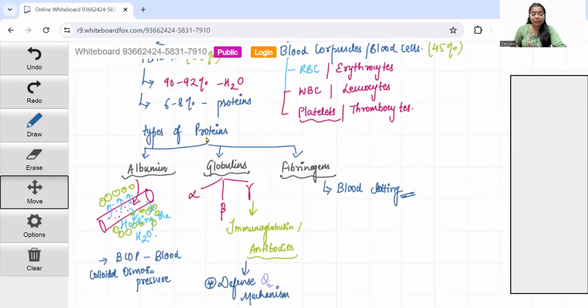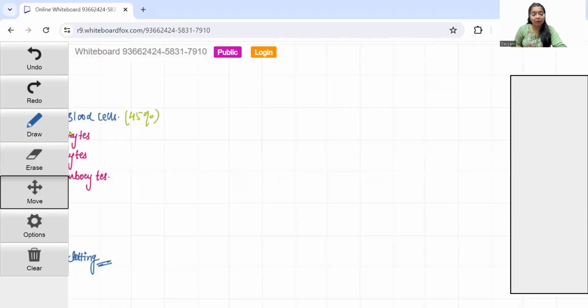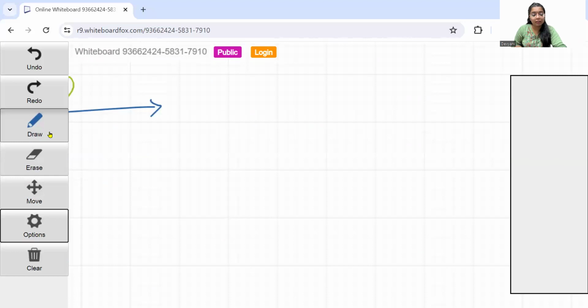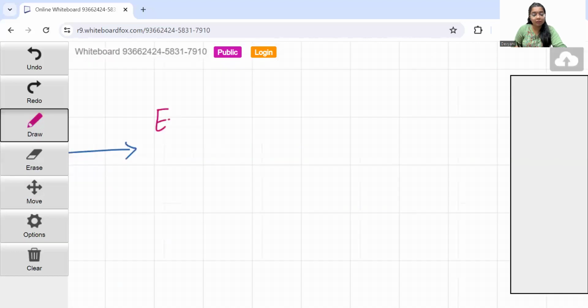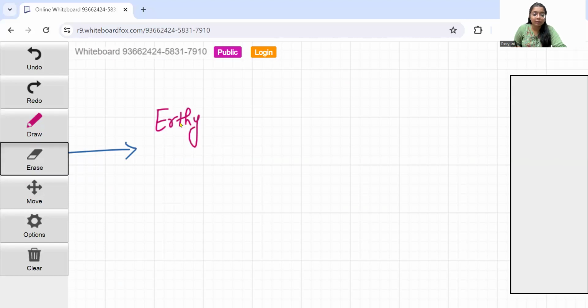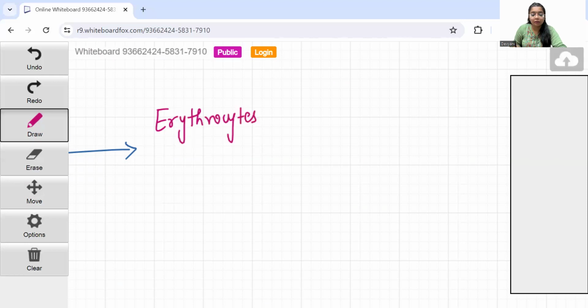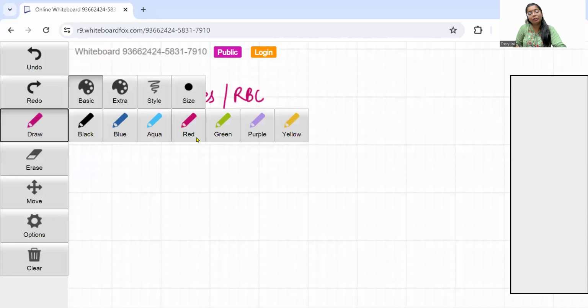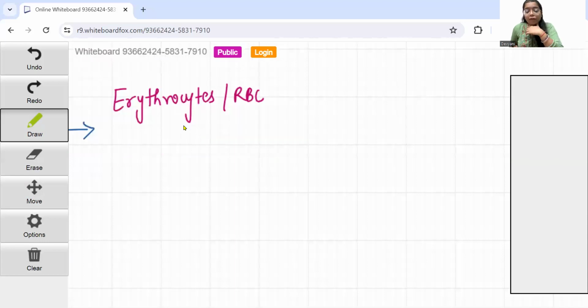Now, let's move on to the right side and see all about the erythrocytes. I am going to talk about erythrocytes a little bit in detail. Erythrocytes, or the red blood cells. Now, a very important term here, we need to understand the formation of blood cells, it takes place in the bone marrow, right?